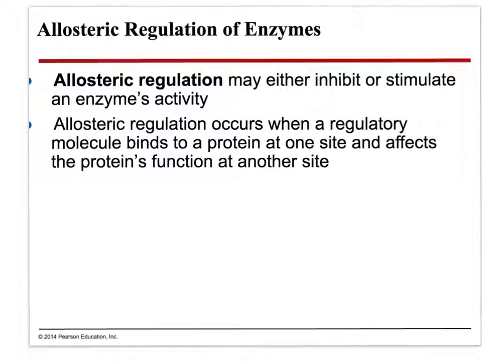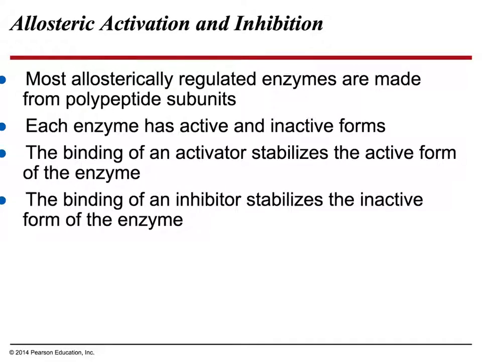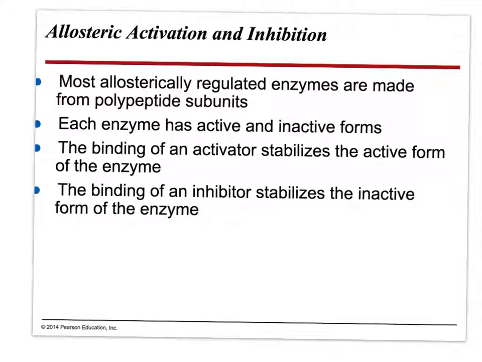Not at the active site, right? But it affects the enzyme activity. So non-competitive inhibition would fit in this. Cofactors such as vitamins, which can interact with enzymes, will also fit under this. So allosteric regulation is another way, and competitive or non-competitive inhibition fits under that. So this can be activation and inhibition.